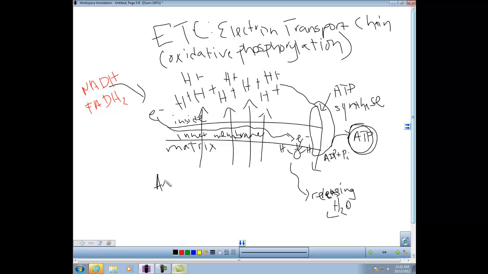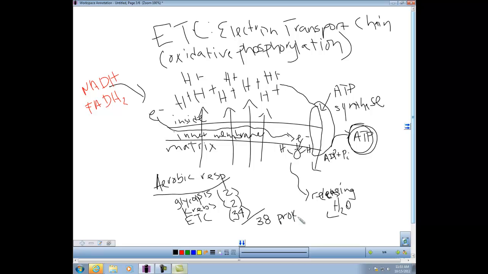So aerobic respiration involves all 3 of these steps: glycolysis, Krebs, which makes 2 ATP, and then electron transport chain, which in most organisms will create 34. So that gives us a total of 38 if you are prokaryotic.